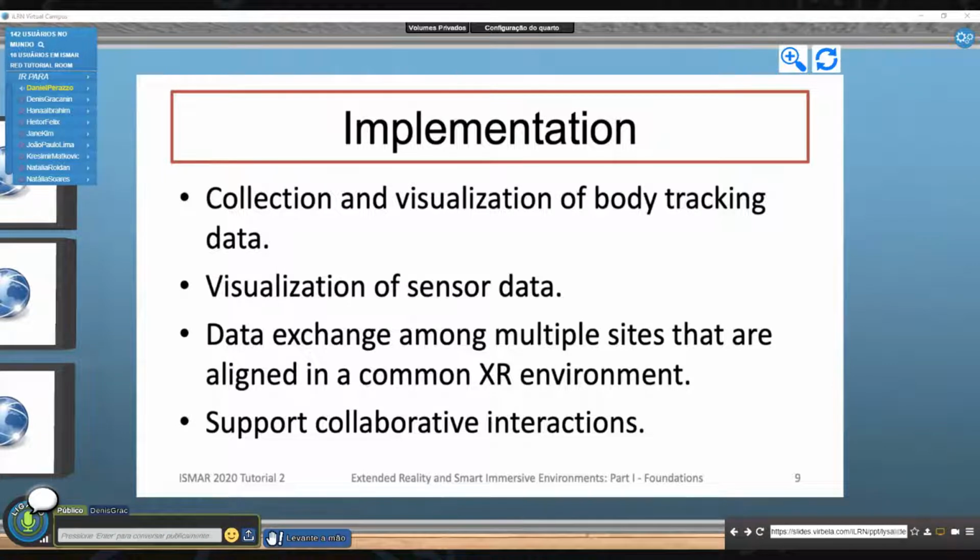Then we also have sensor data, either physical environment or physiological data, and now you can scale it up to multiple sites and physical spaces that are aligned with a common extended reality environment. So now we need to organize mapping between all the data. So therefore, the end result will be support for collaborative interaction.